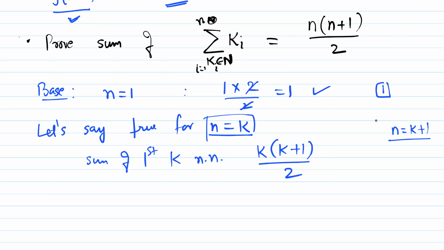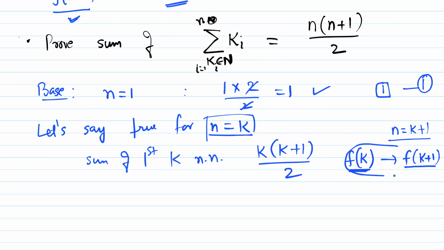And why will it be done? Because we know that it's true for 1, that is the first condition. And second, we want to prove that f(k) implies f(k+1). If it's true for f(k), then it will be true for f(k+1) also.